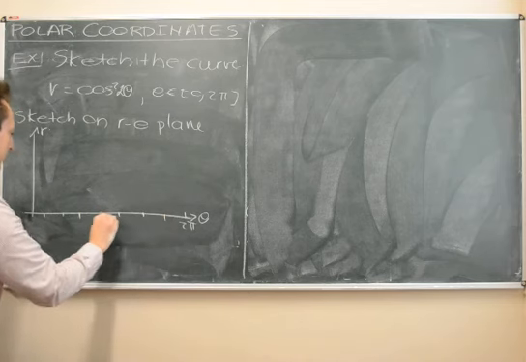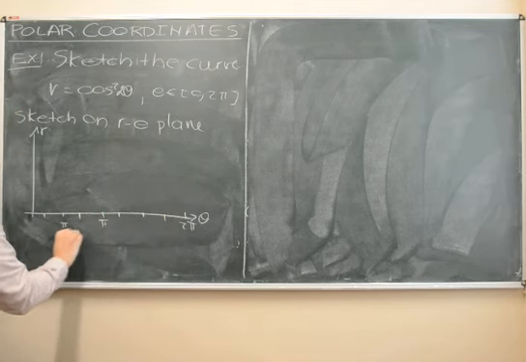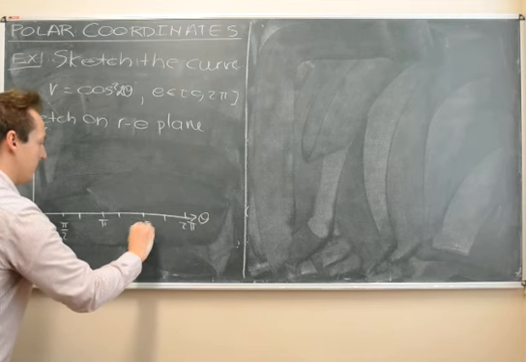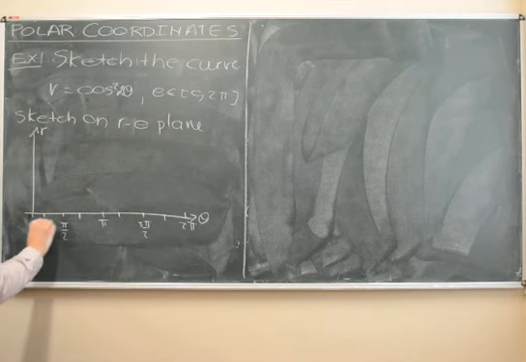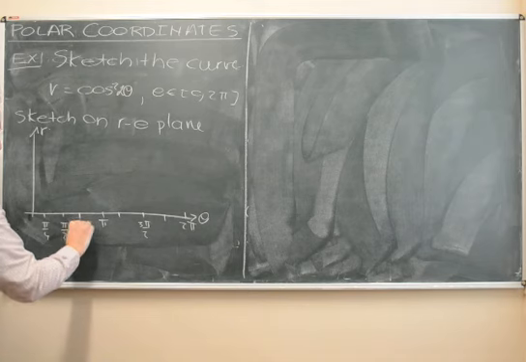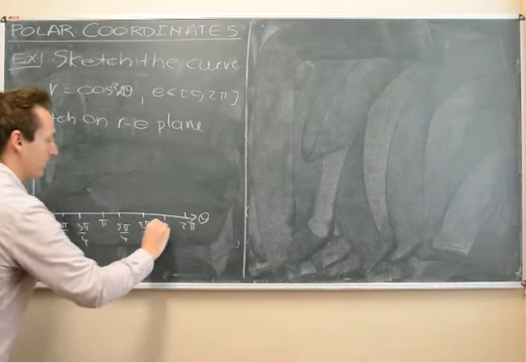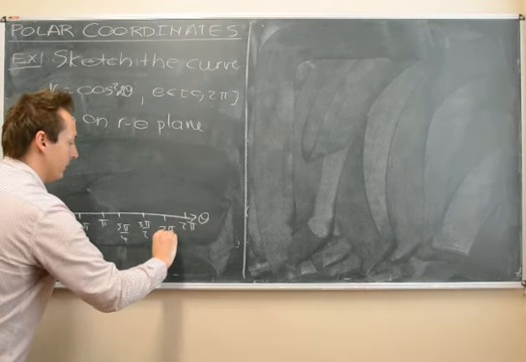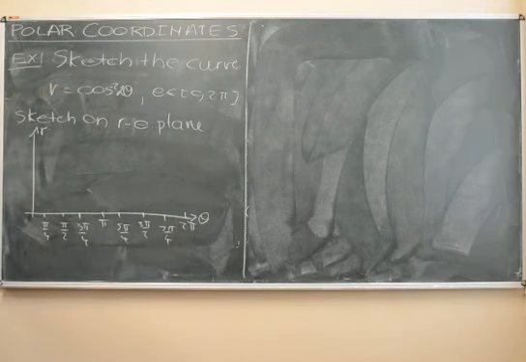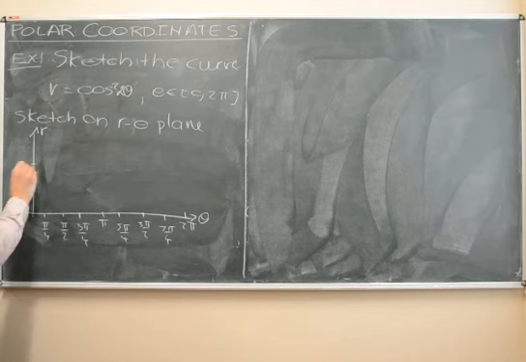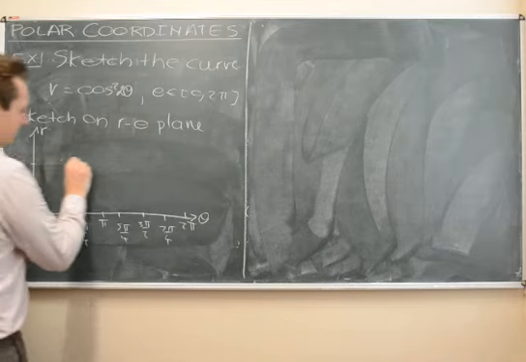So there's pi, pi over 2, 3 pi over 2, pi over 4, 3 pi over 4, 5 pi over 4, and 7 pi over 4. And these are the points I pick because those will be the points where this function attains a maximum 1 and a minimum 0. So there's r equals 1.